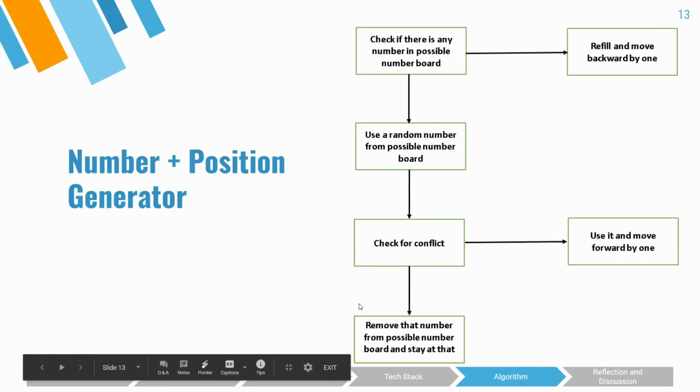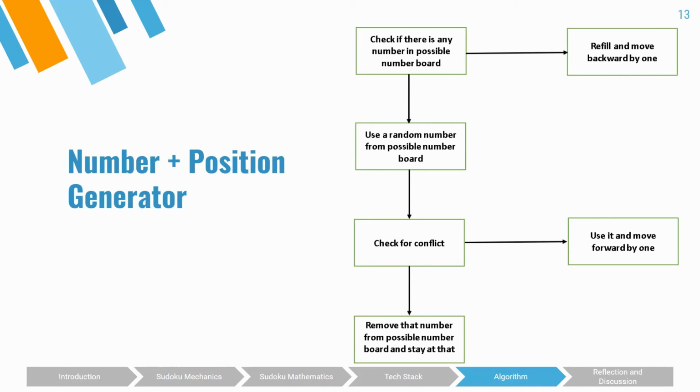The diagram you see was tweaked from a backtracking algorithm found on the website Code Project. This method helps fill out the board by telling it what position to go to. It gets help from another board called possible numbers, which keeps track of what numbers each square can have.